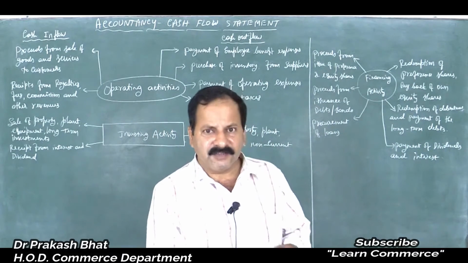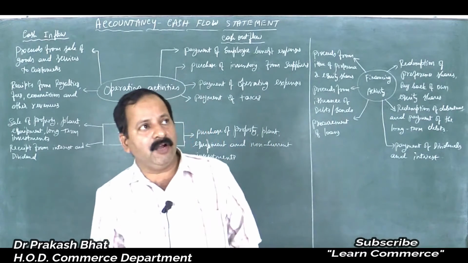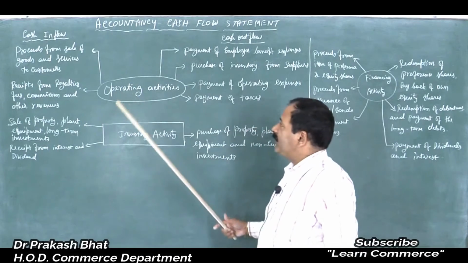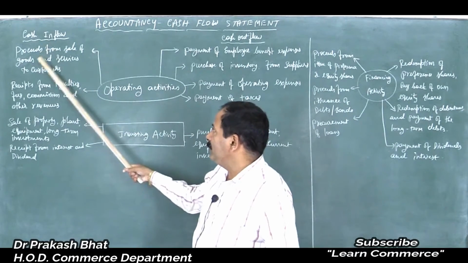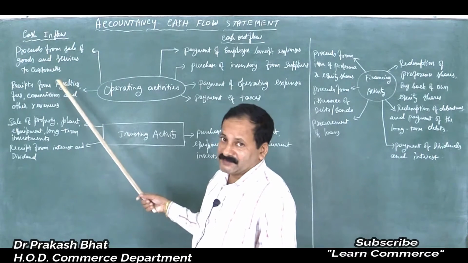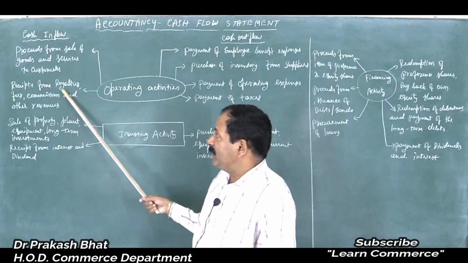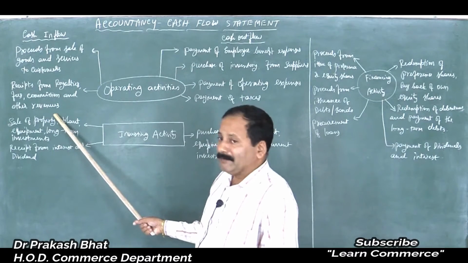Isn't it? This is the chart which gives you clear information on how to treat each item. So in operating activities, you will have cash inflow from proceeds from sale of goods and services to customers. That is day-to-day activity, isn't it? Receipts from royalties, fees, commission and other revenues.